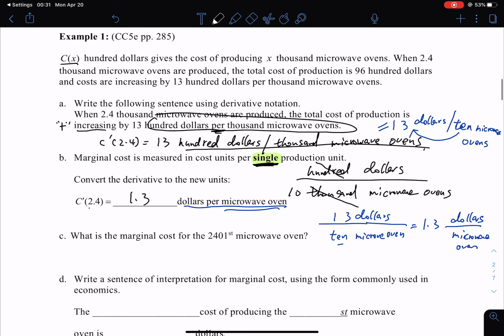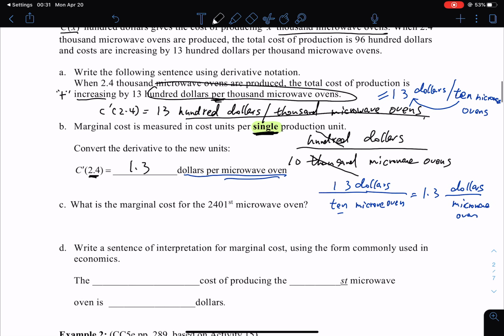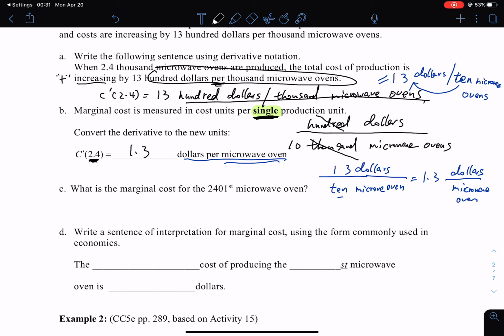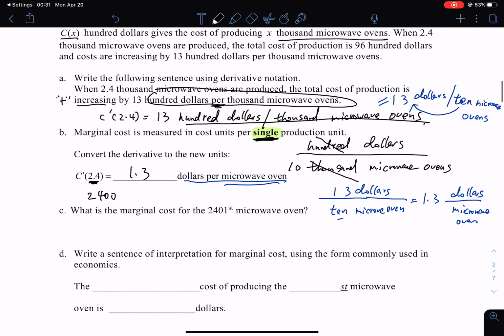So here the 2.4 means, let's check the unit. What is the input unit? Input is X. The input unit is 1,000 microwave ovens. So the unit is 1,000. Then we know 2.4 just means 2,400 microwave ovens. So the marginal cost is just the X plus 1.